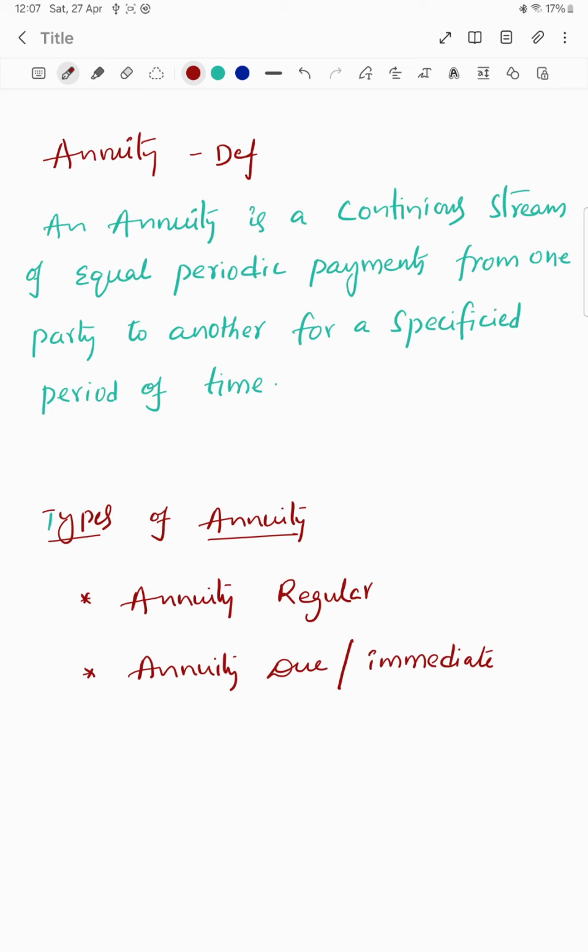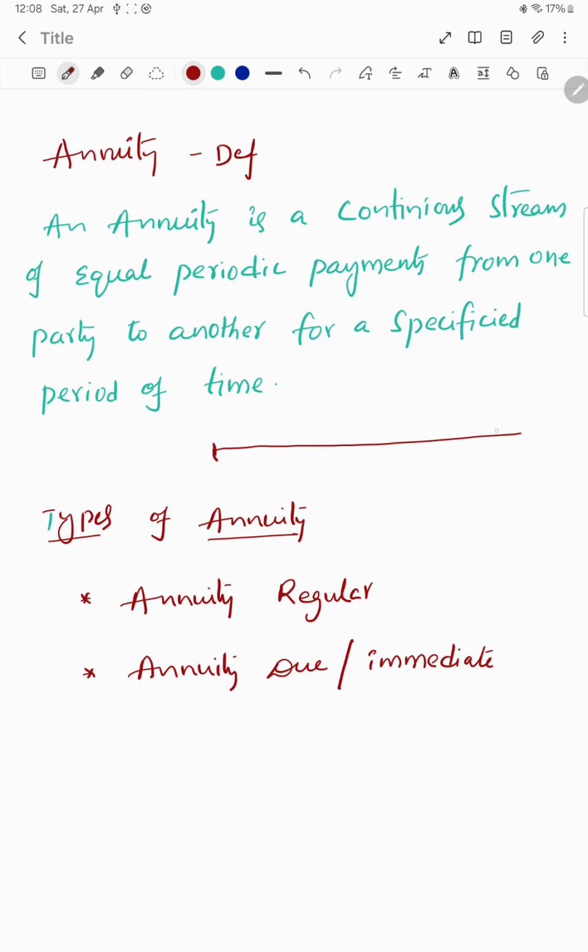So let's come to the definition of annuity. Annuity is a continuous stream of equal periodic payments from one person to another for a specified period of time with a particular rate of interest. For example, if a person borrowed some money for 1 year at a rate of 10% interest, then the person pays every month.